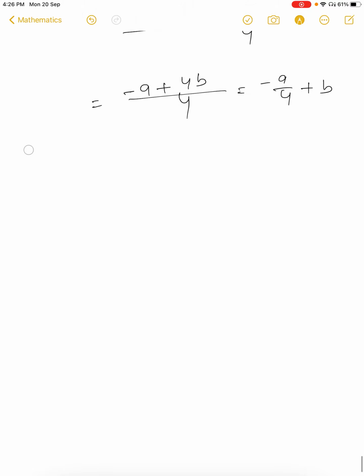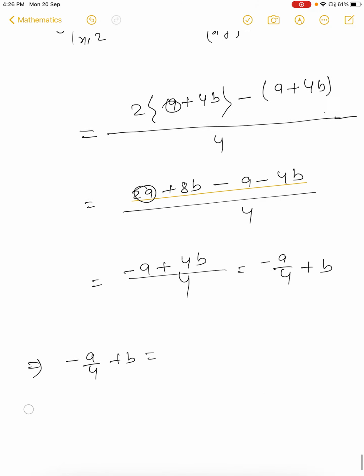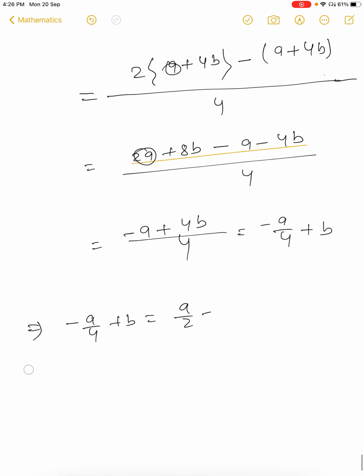Here it is given both are the same. So minus a by 4 plus b equals a by 2 minus 2b.